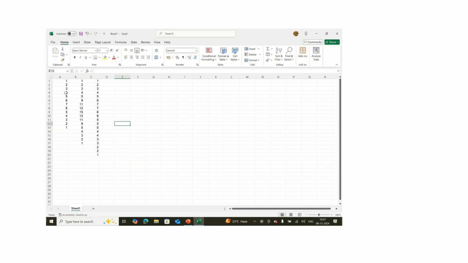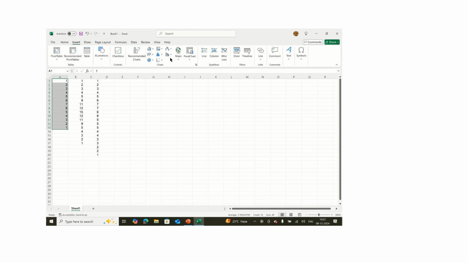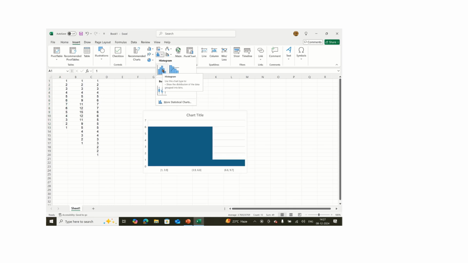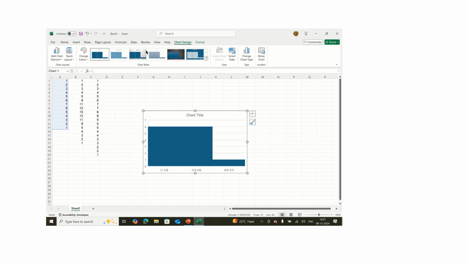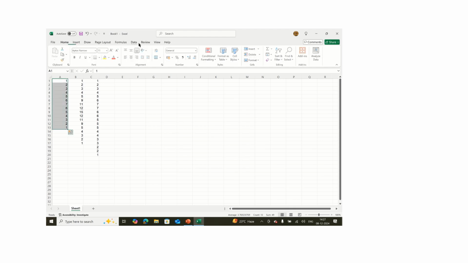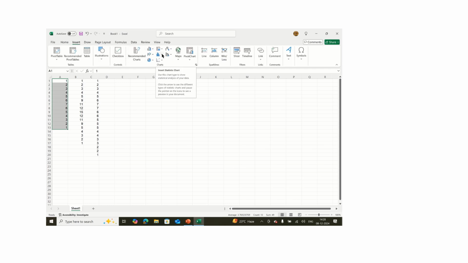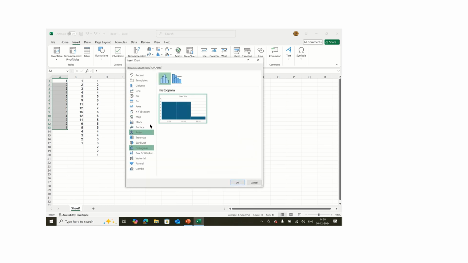Now let us draw a graph of these three. So we highlight this. We say insert. We say we want this type of graphs, statistical graph, and we want a line diagram.